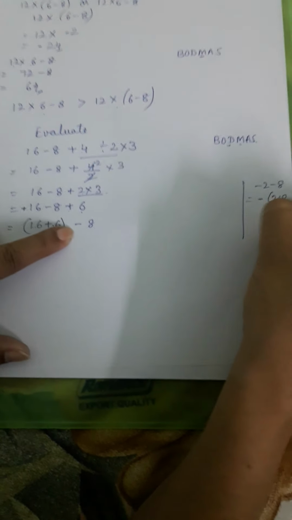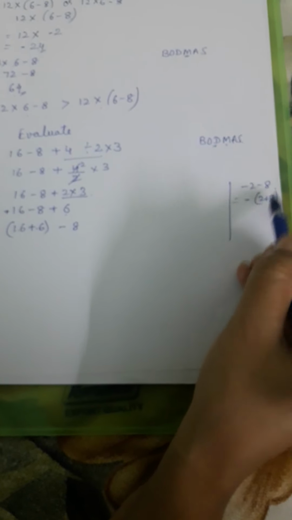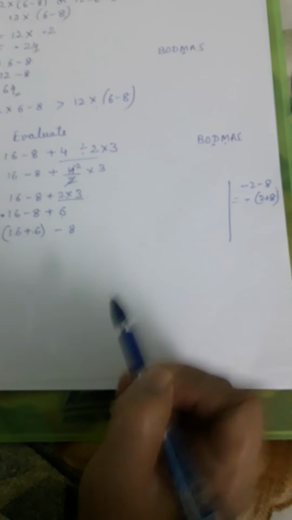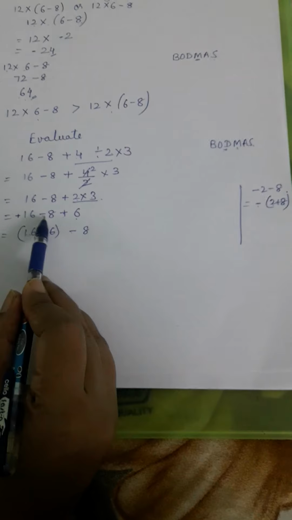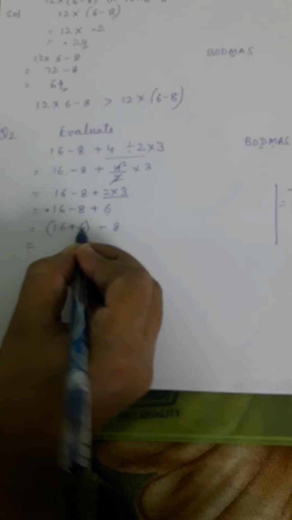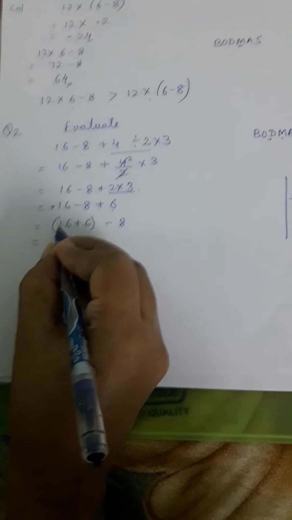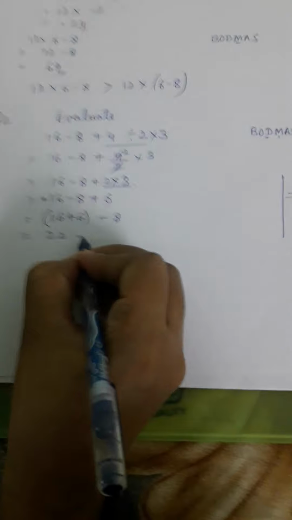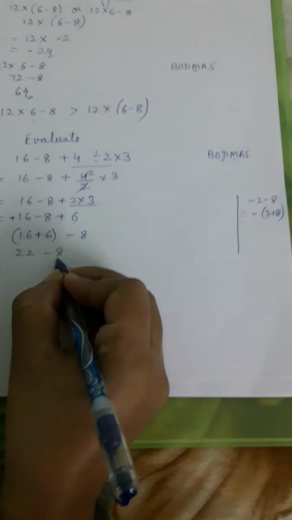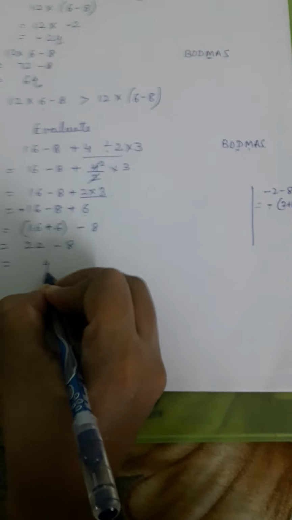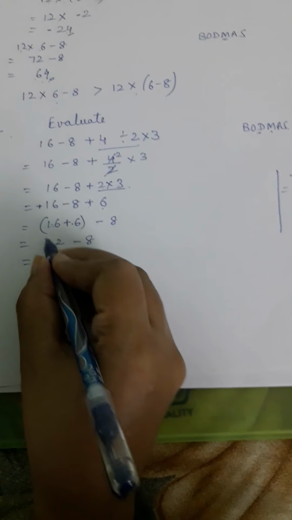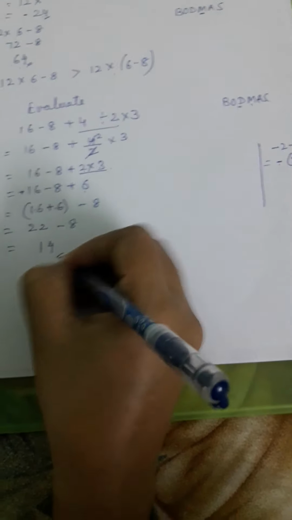For minus numbers also you add them, and take the minus sign out common. But here there is only one number, minus 8, so write it as a single number. 16 plus 6 is 22, minus 8. 22 minus 8 is 14. So the answer is 14.